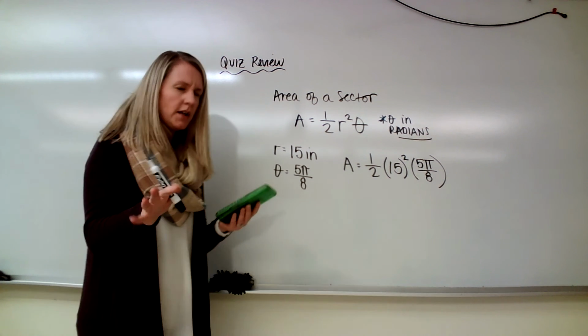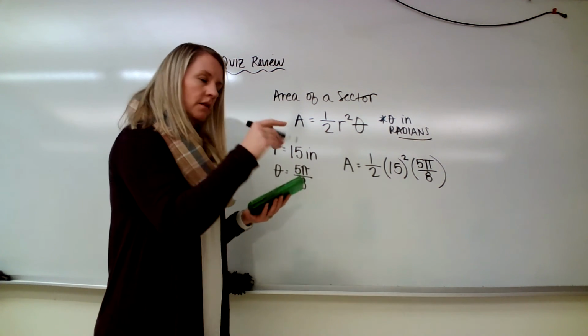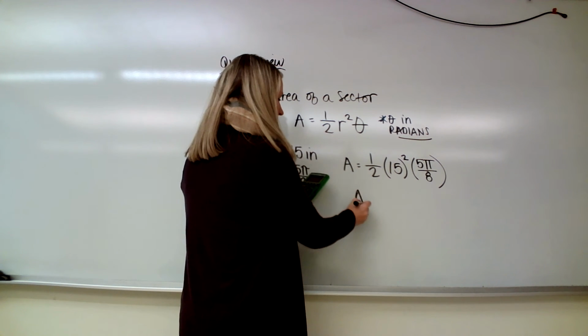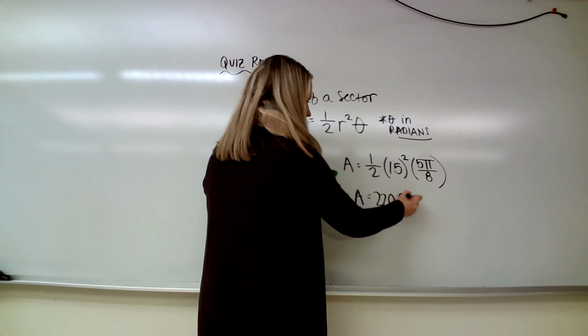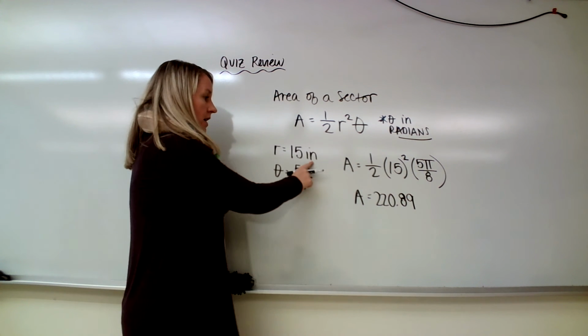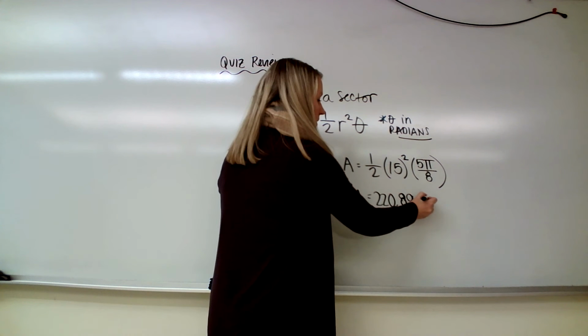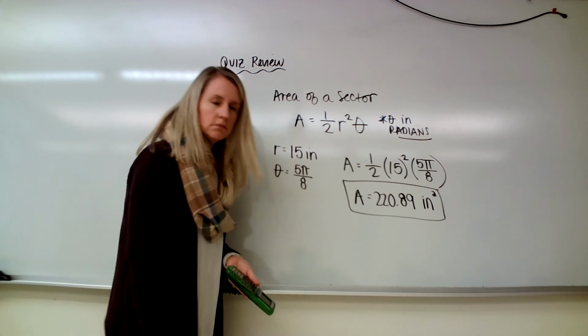For some of your calculators, it automatically puts it in pi. Make sure you know that calculator or the button that turns it into a decimal. And A is going to come out to about 220.89. We're going to round to 2 decimal places. And when you are labeling area, it's your measurement squared. So that would be inches squared.